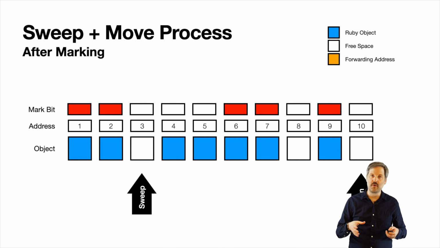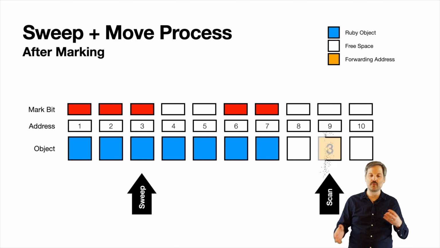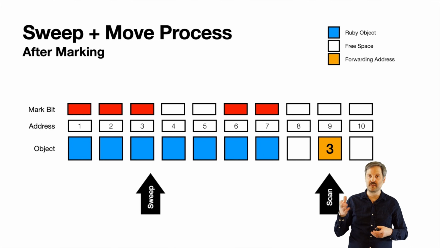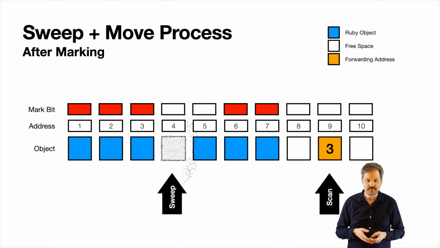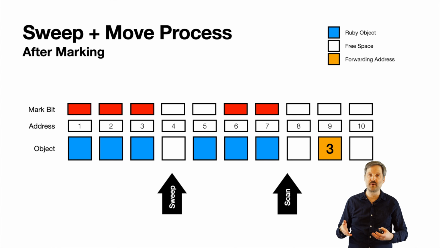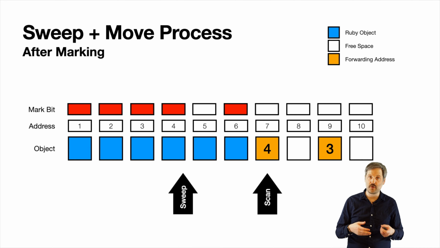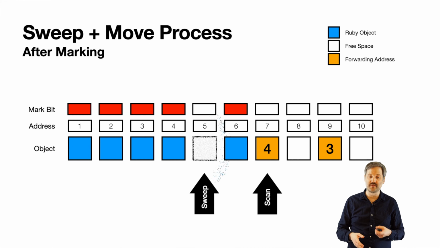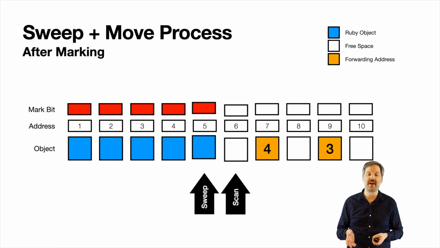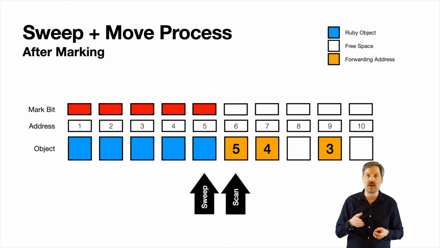At that point, what we can do is we can tell the scan cursor to move and find an object to move into that swept slot, and we just swap the locations and leave a forwarding address. And then we can just repeat this process for the entire heap, and when the two cursors meet, the sweep cursor and the scan cursor, we know that we've moved all of the objects in the heap.